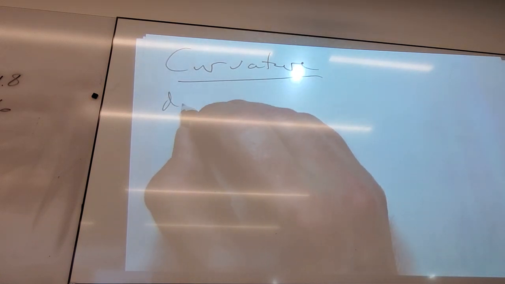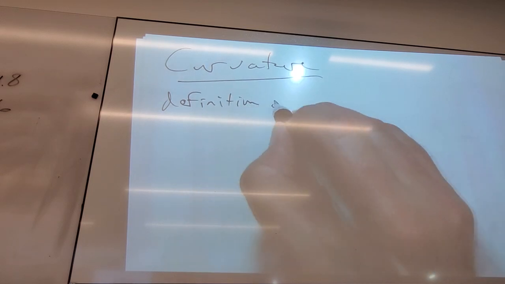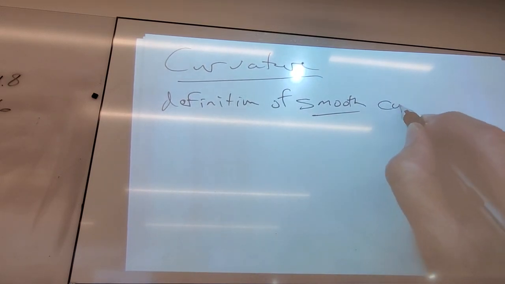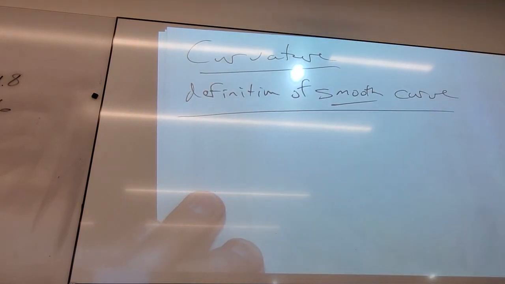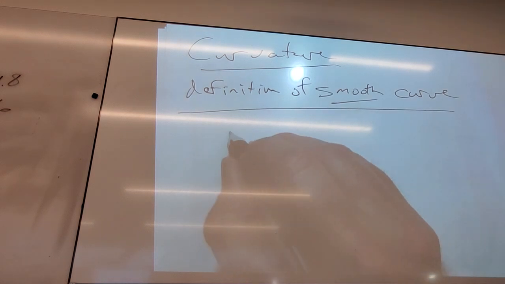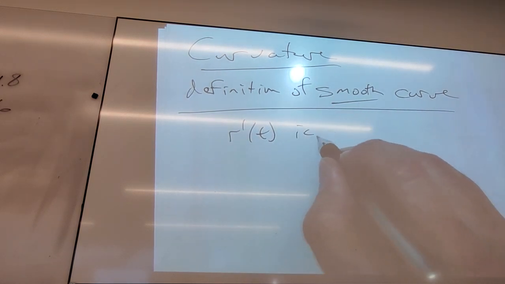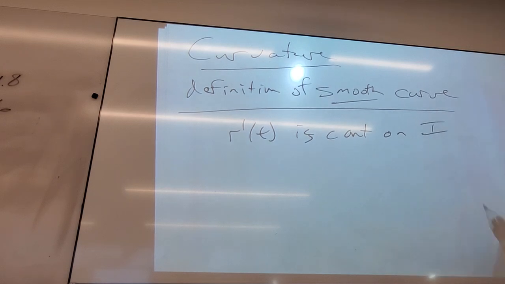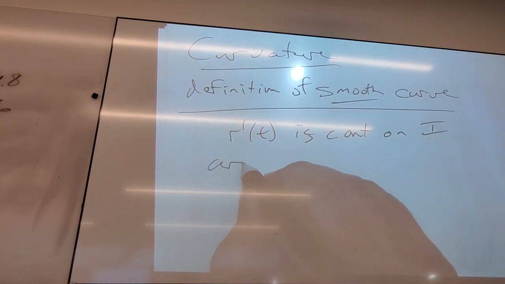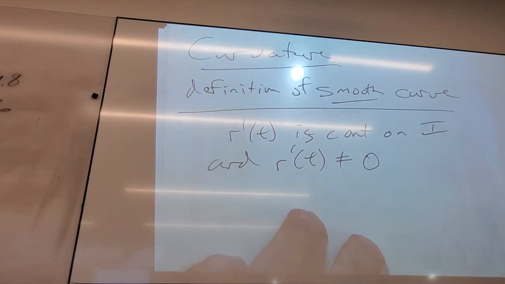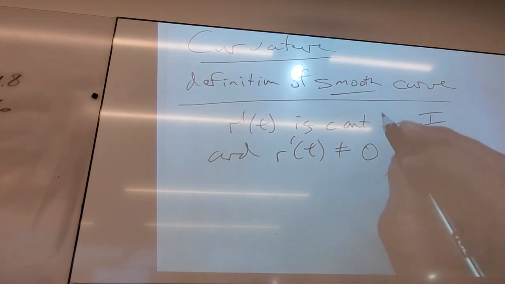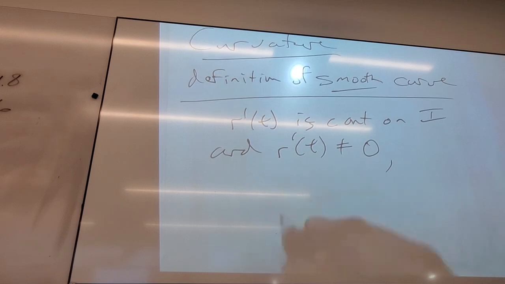And real quick, here's the definition of a smooth curve. This should feel very familiar to things you talked about in Calculus 1. If r prime itself is continuous on some interval, and r prime is not 0, then we have a smooth curve, and the curvature is a measure of how quickly the curve changes direction.